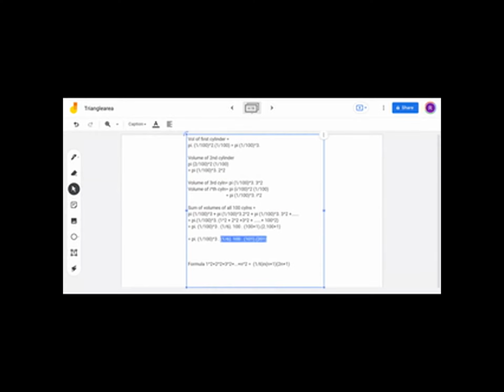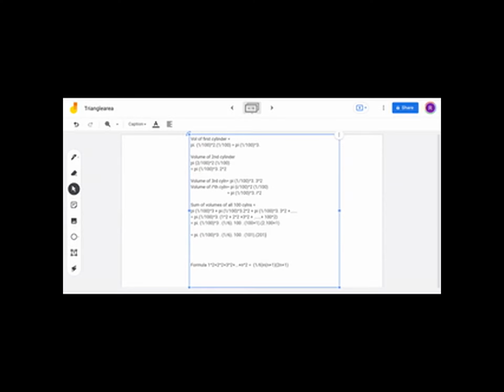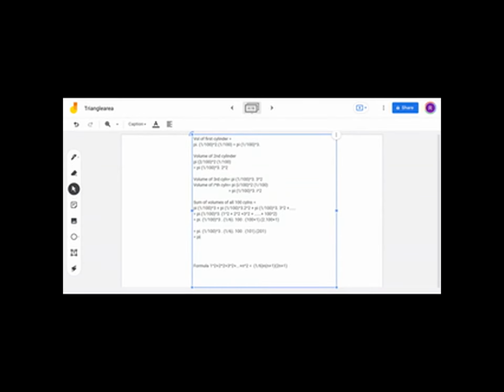So approximately how much is this? 3 lakh something, and then you are multiplying it by 1 by 100 cubed. How much is that? Okay, so you are getting pi times 1 by 100 cubed times 338,350.